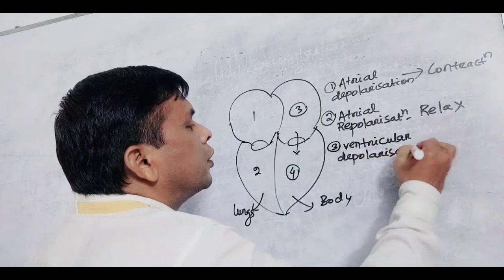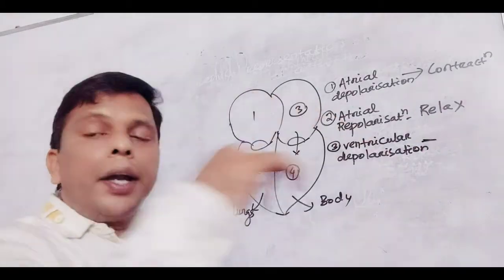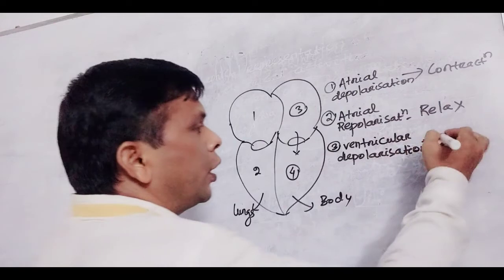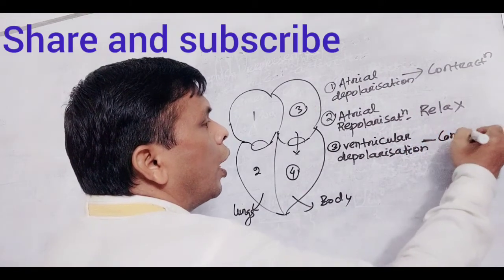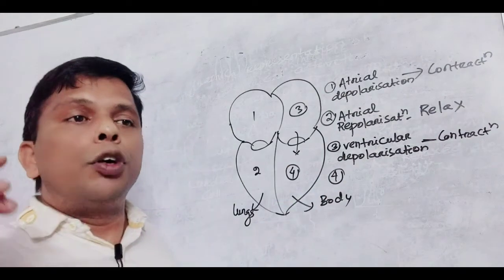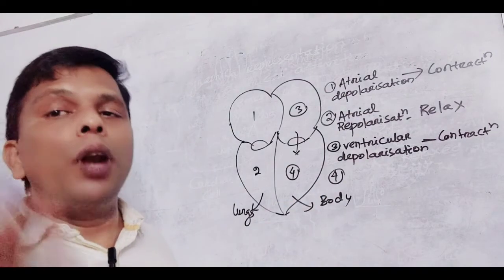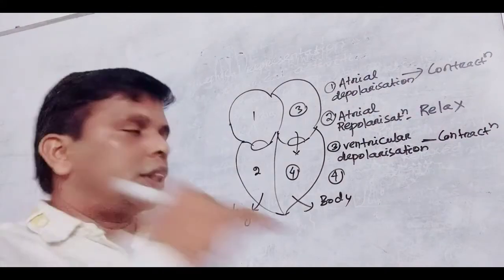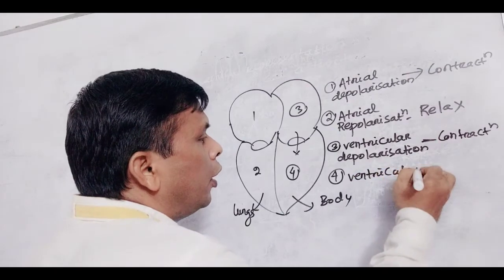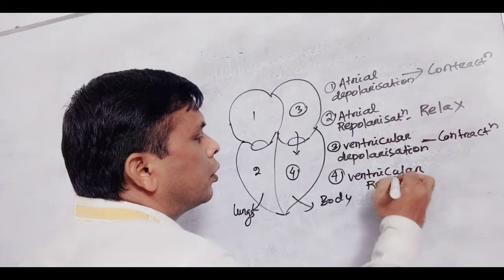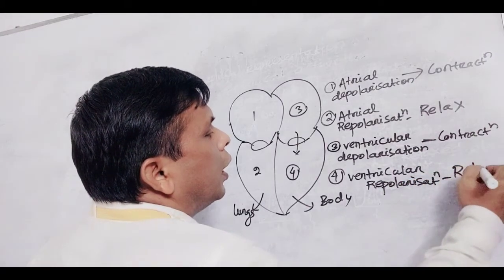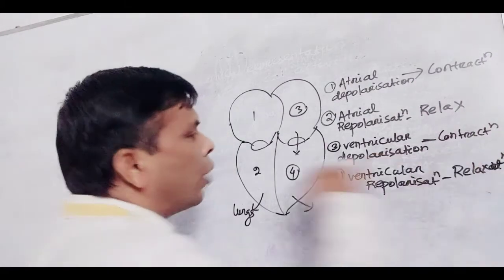That means the sodium enters into the cardiac muscle of the ventricle and causes contraction. Then the fourth event is ventricular repolarization, release of potassium outside. It causes relaxation, ventricular relaxation.